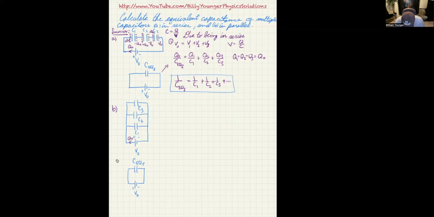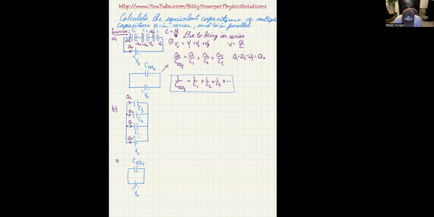So the Q0 is going to run away from the positive terminal of the battery, and it's going to get to this junction right here, and some fraction of the Q0 is going to go this way, and I'm going to call that Q1. And then the rest of Q0 is going to go up and run into this junction. Some fraction of them, let's call it Q2, is going to go that way. And then what's remaining will be Q3. And that's going to go to capacitance 3.